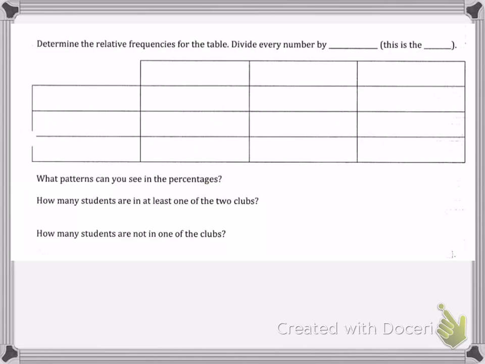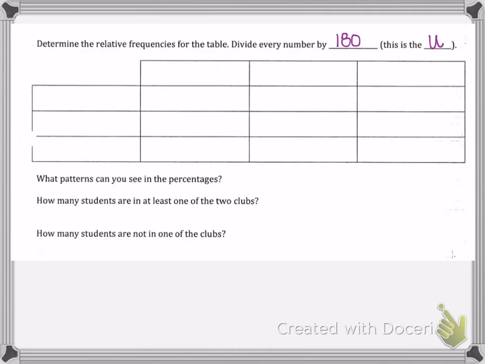So we just filled in quantities of kids, the actual number that were surveyed and told us whether they were in drama or not. So we want to divide the numbers by the total. Kids surveyed, 180. This is the universal set, the universal total. And we are going to find the relative frequencies. So you'll be able to say a certain percent were in drama and not in computer club, and so on.